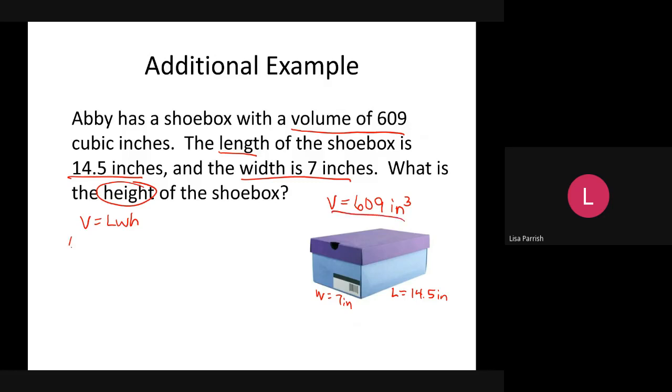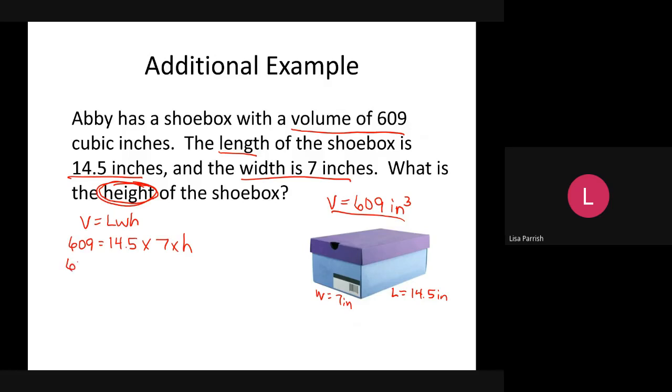So 609 has to replace the letter V because it's the volume. The length is 14.5. The width is 7. And we're trying to find the height. Always look at what they're asking for. It says, what is the height? So that's the letter that should not be replaced yet.